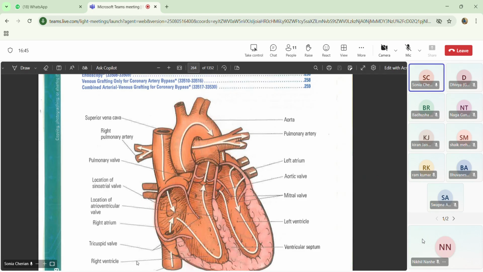Right. Now coming back to the procedures: pacemaker and defibrillator. A pacemaker is a medical device which generates electrical impulses, delivered by electrodes, so that the heart muscles can contract and regulate the electrical conduction of the heart.